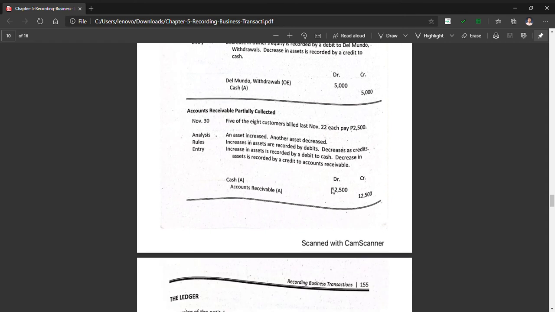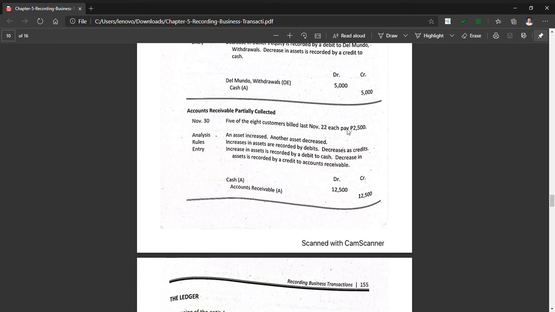Accounts receivable, partially collected. 5 of the 8 customers billed last November 24, each pay 2,500. Okay, so nagbayad yung utang ng mga customers natin. So meron tayong na-collect na pera. So dahil meron tayong na-collect na pera, nag-increase ang asset natin. That is the cash.